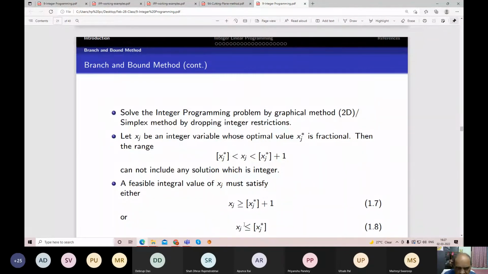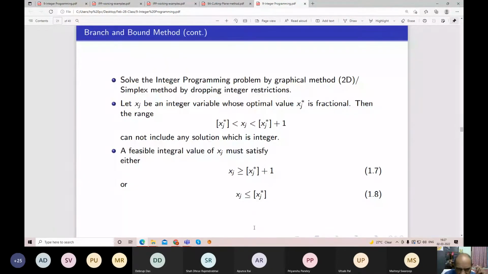These two are two different branchings, this or that. Hence, with respect to a particular Xj, we branch into two different constraints.